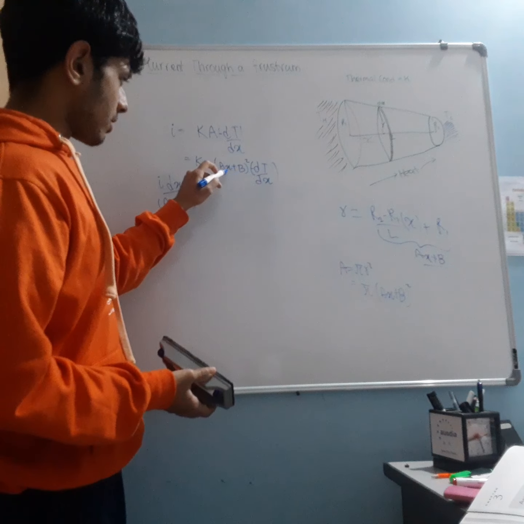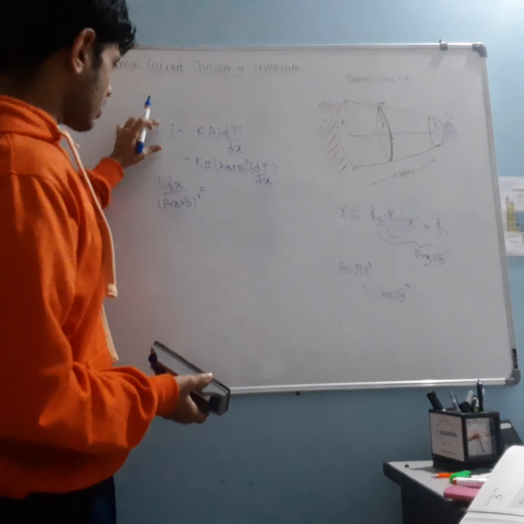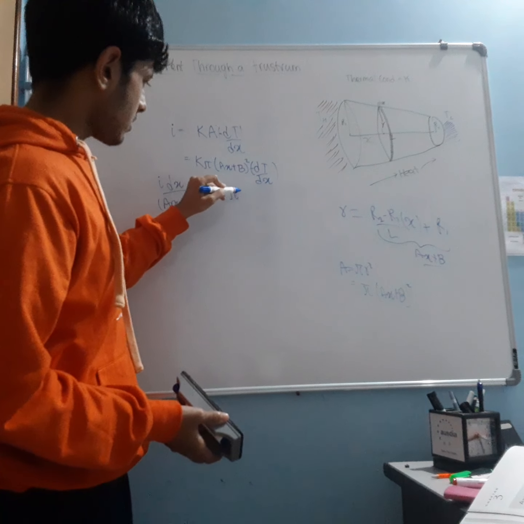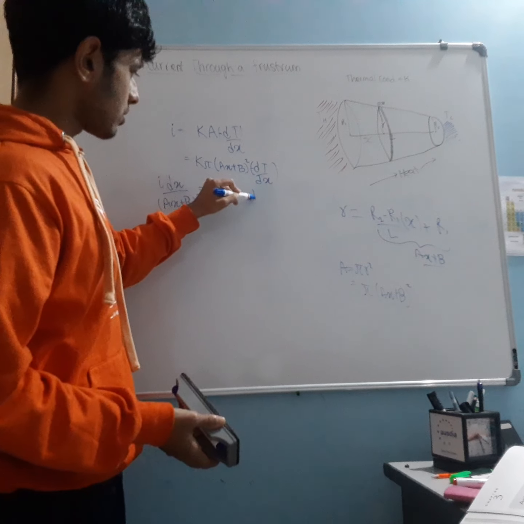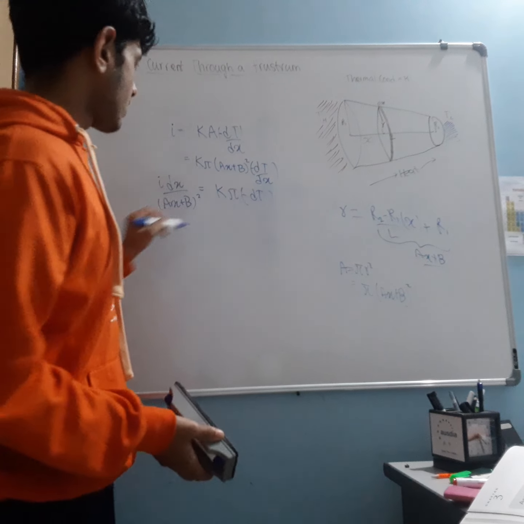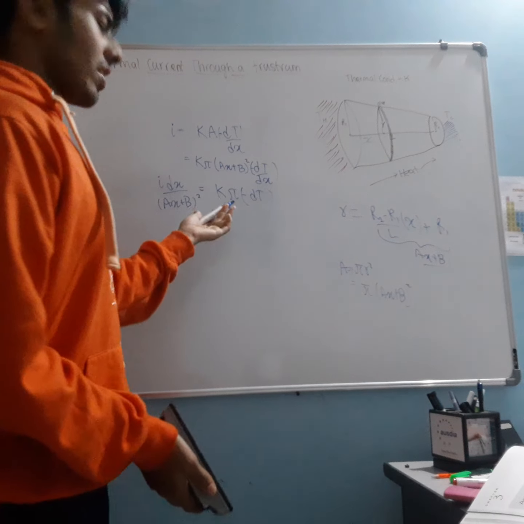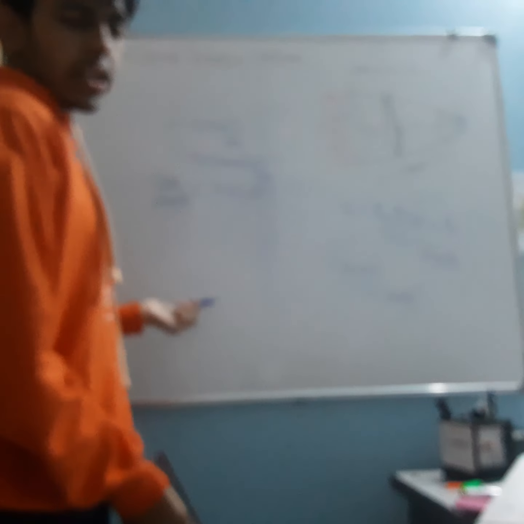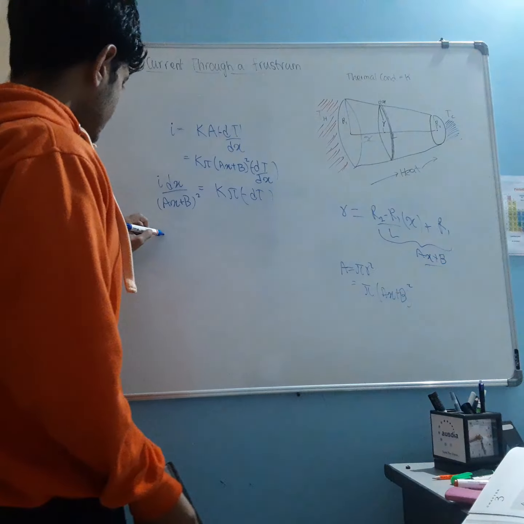I've brought the ax plus b and the dx terms to the LHS, and this gives me k pi into minus dT. And it's quite evident that you have to integrate both sides. So that's what I'll be doing right now.